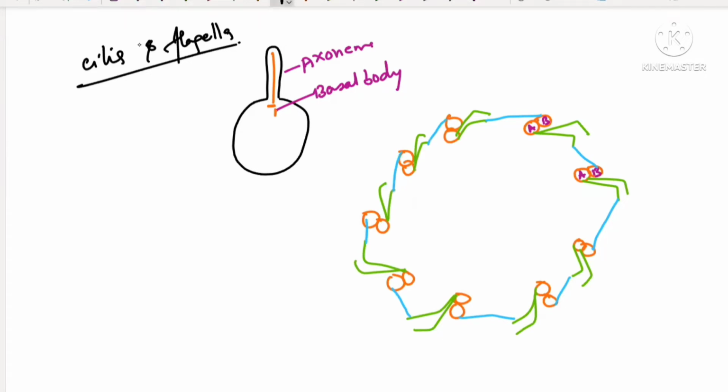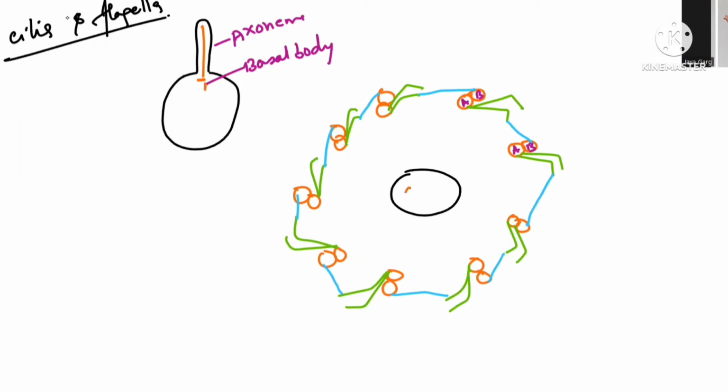And in the center you are finding the central sheath where two singlets are present. So we will call this arrangement of the axoneme a 9+2 arrangement, but this 9 periphery is doublet.